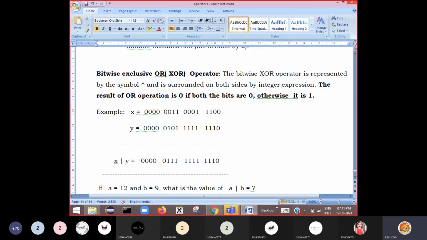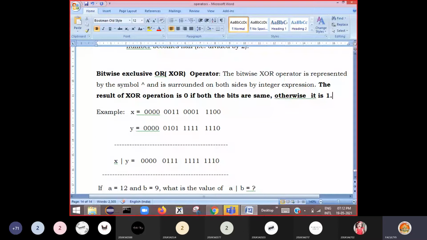The result of an exclusive OR operation is 0 if both the bits are same.